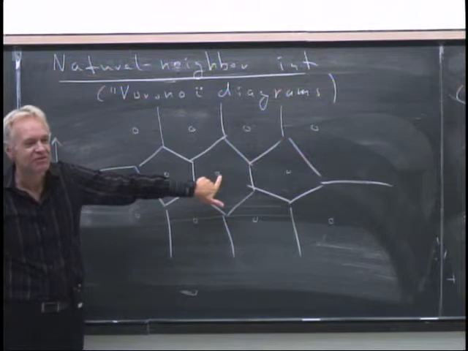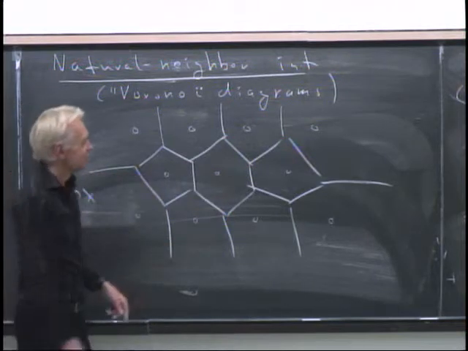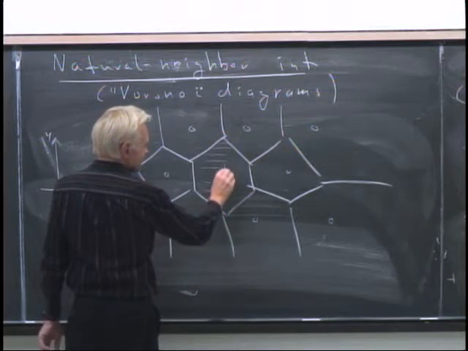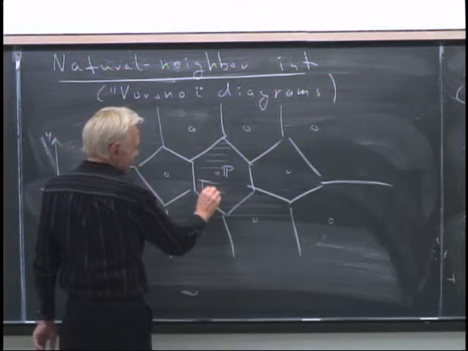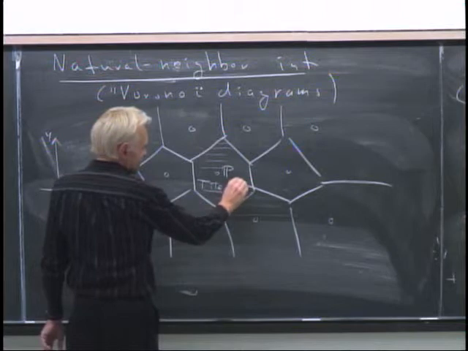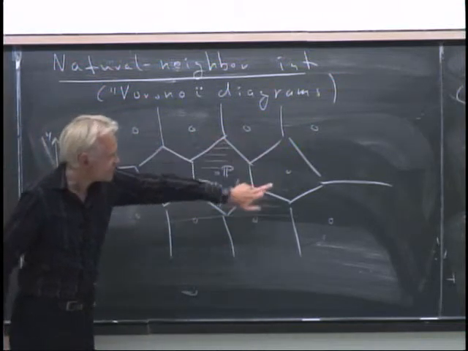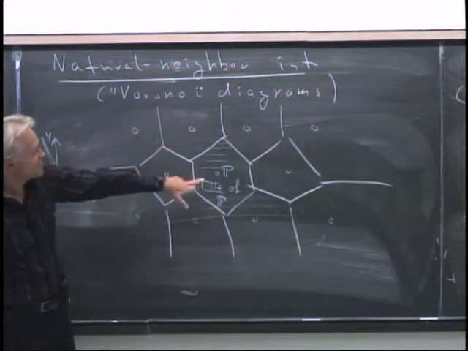There, right? Because that's the circle closest to me. So this is called the tile, right? This is the point P, and this is the tile of P. And these guys are the so-called natural neighbors of P.